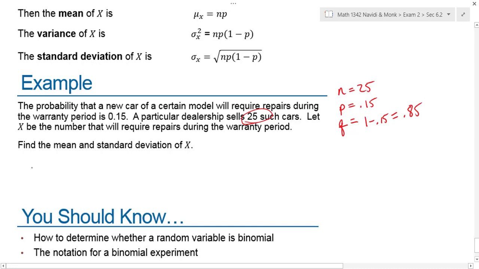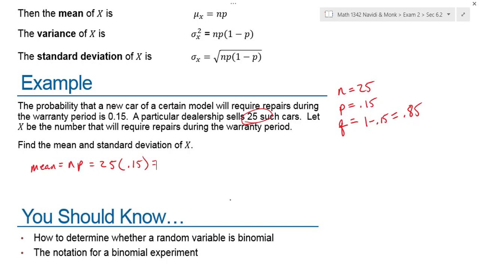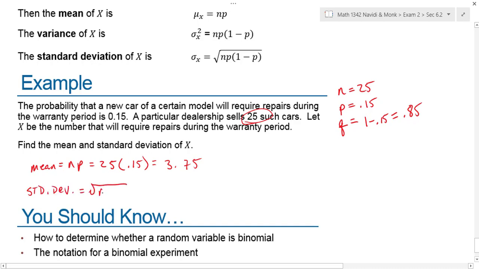So for this problem, the mean is n times p. What is n times p? That's 25 times 0.15. And what is 25 times 0.15? 3.75. Next is the standard deviation. And the standard deviation, we're told, is the square root of npq.